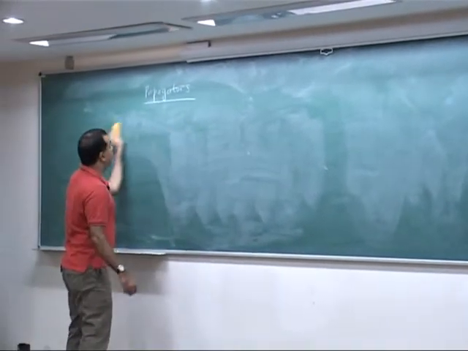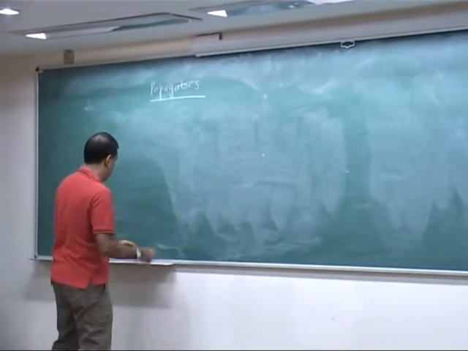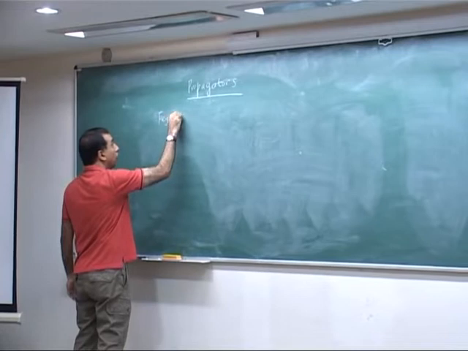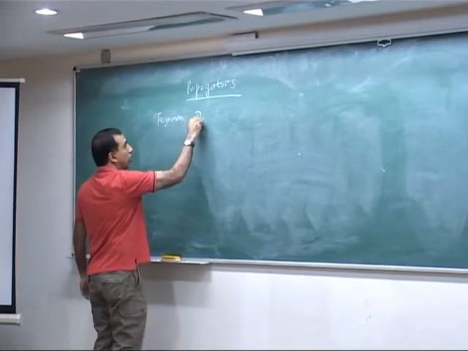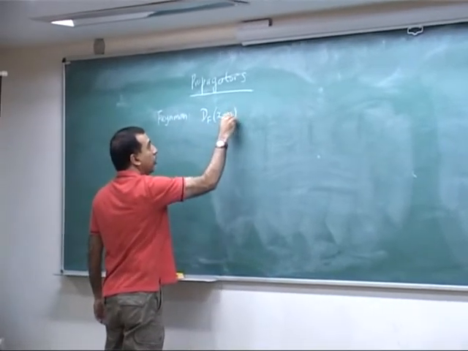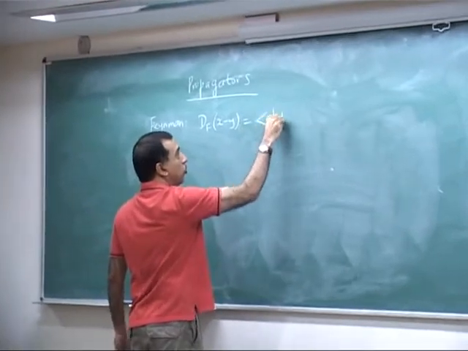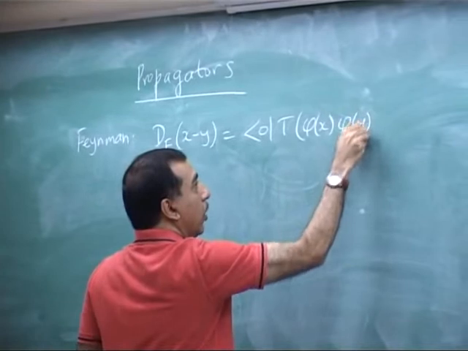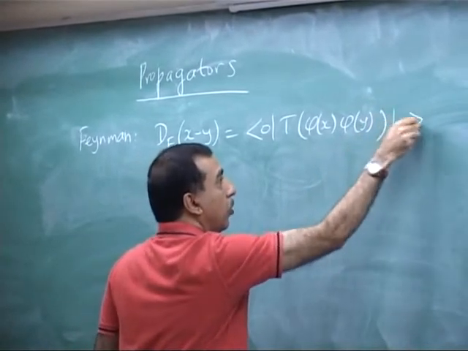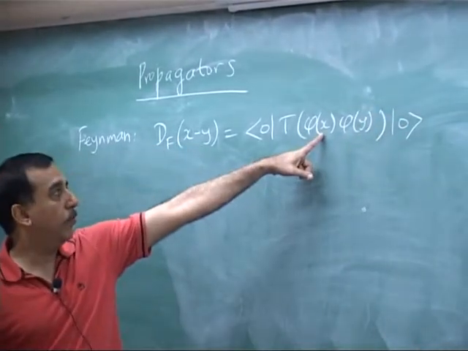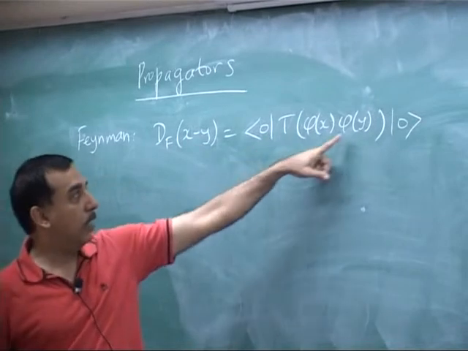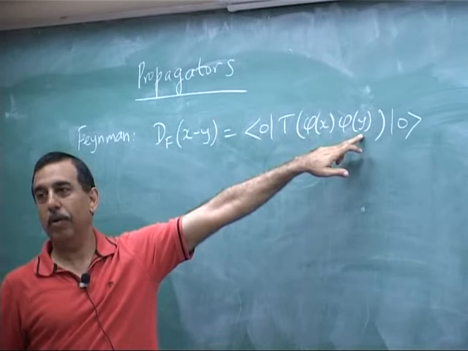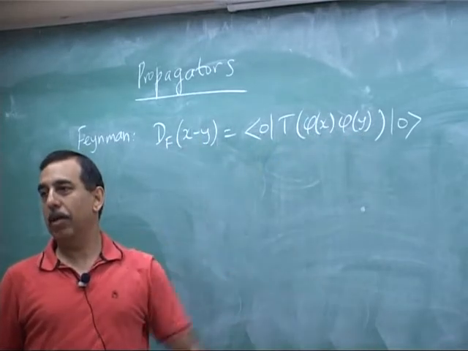Now let's turn to the Feynman propagator, which is physically interesting. That is D_F(x minus y), and it is the vacuum expectation value of the time-ordered product of phi(x) and phi(y), where T acts on this product and gives me back the product of these operators, but arranges the order the way it wants.